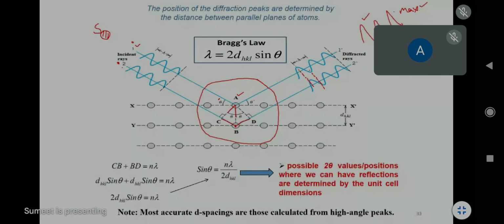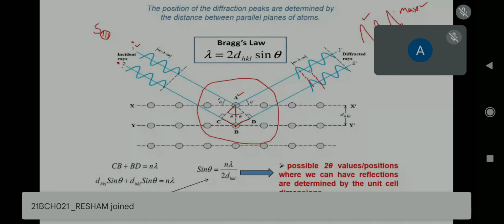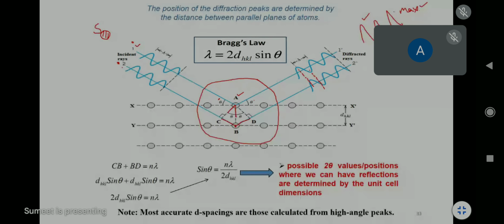You can see now in this figure, suppose this is point 1, 2 and 3. This extra distance means 1 to 2, 1 to 3.